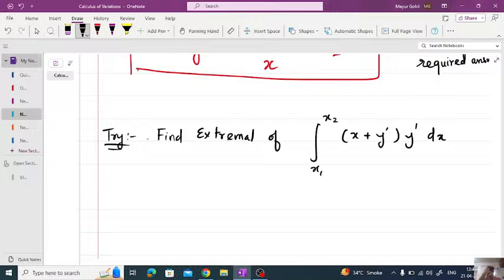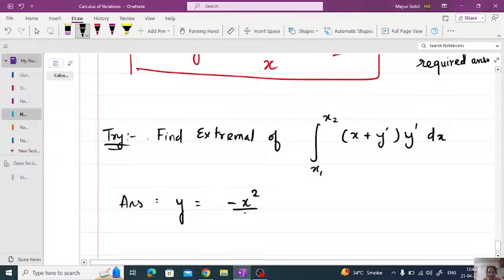This is the question, and your answer for this is going to be y equal to minus x square upon 4 plus c1x plus c2.